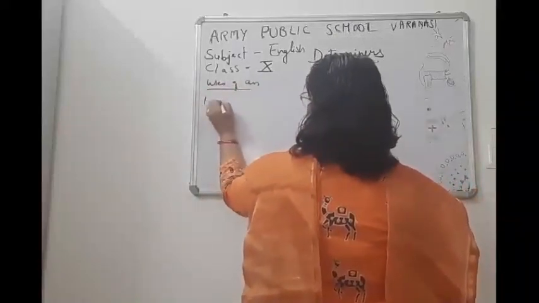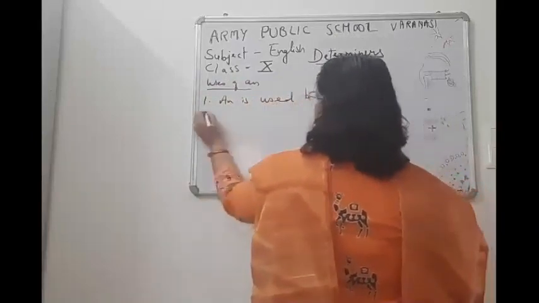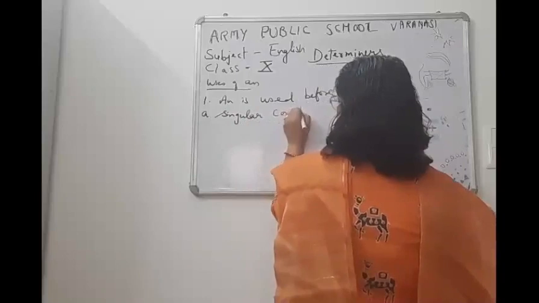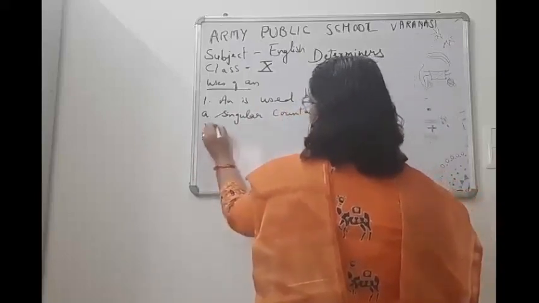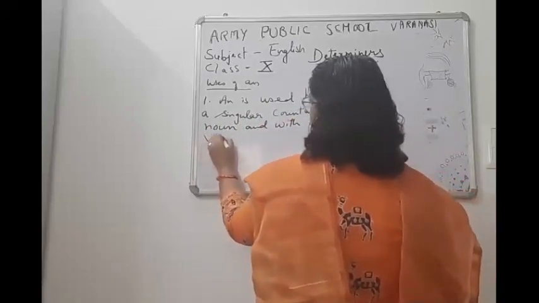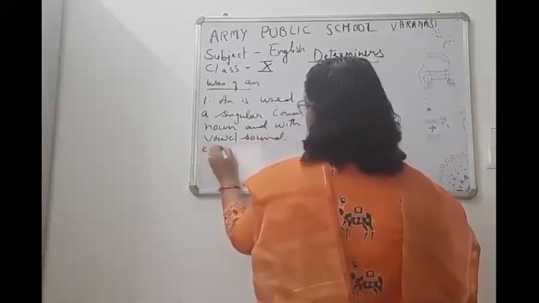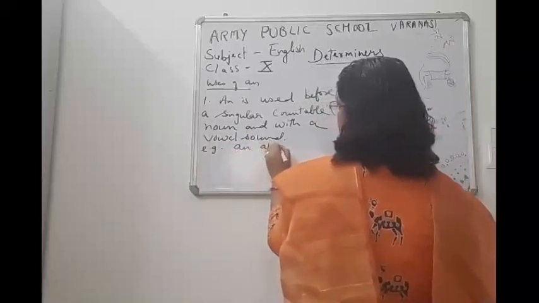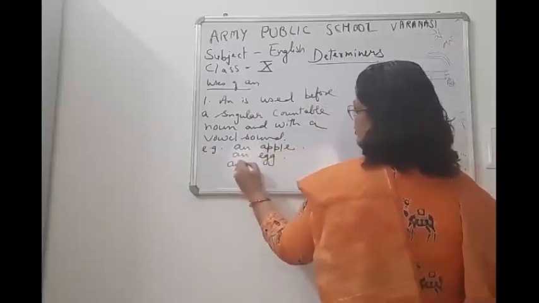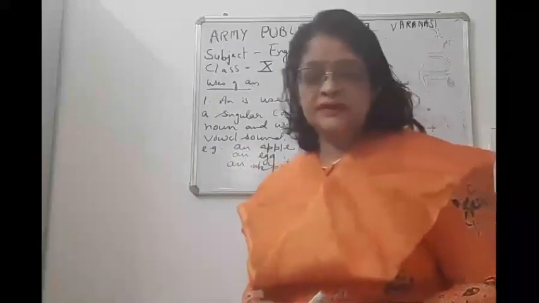An is used before a singular countable noun and with a vowel sound, like an apple, an egg, an ink pot. Okay, so here you can see these are all the words.